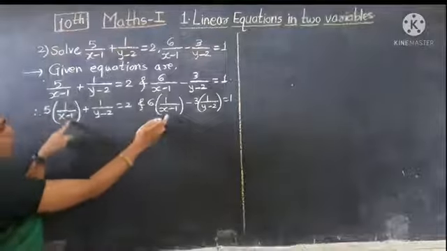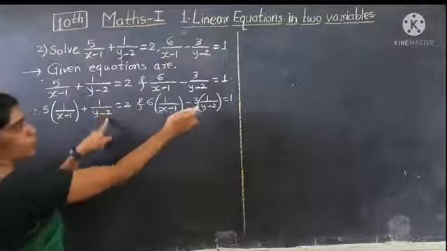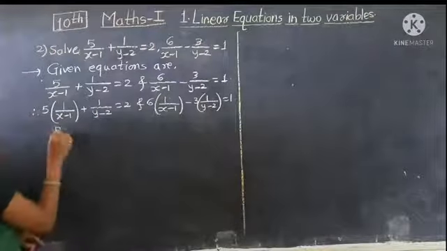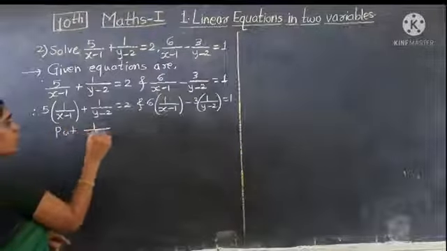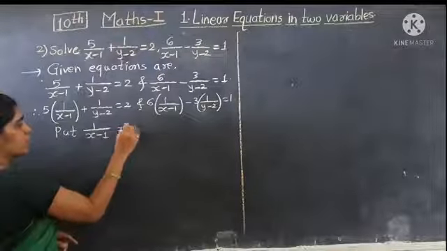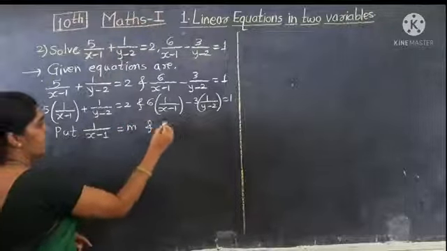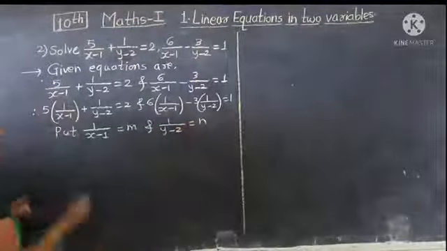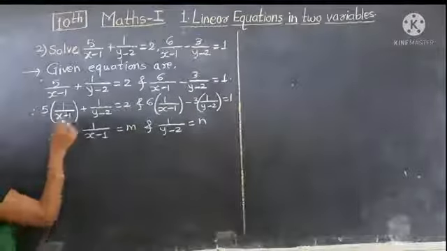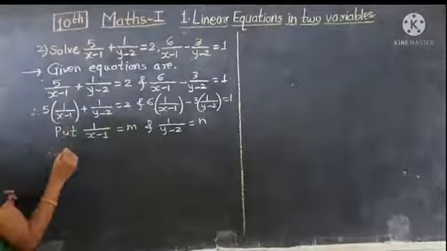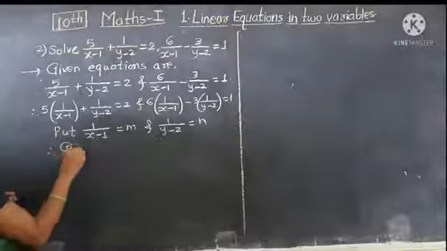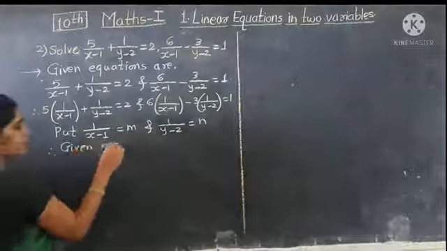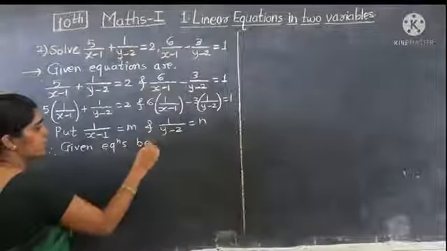Here observe 1 upon x minus 1 is there and 1 upon y minus 2 is there. So in this step you put 1 upon x minus 1 is equal to m and 1 upon y minus 2 is equal to n. Therefore, what do the given equations become?